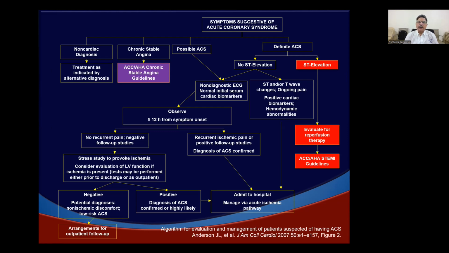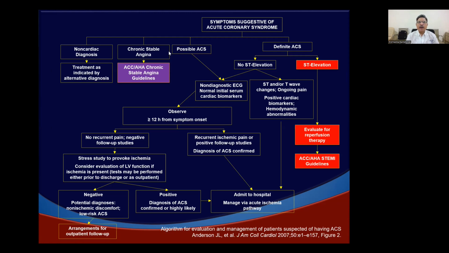Suppose his initial ECG is normal and serum markers are normal, observe for 12 hours. If there is recurrent ischemic pain and positive follow-up studies, the troponin becomes positive, the diagnosis of ACS is confirmed. Treat him as you would the patient who had initial ST elevation or ST deviation and then the troponin.